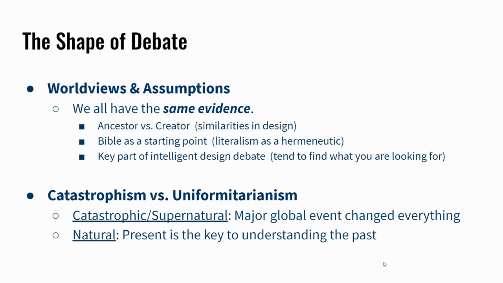So the gradual processes over time, over long periods of time, and that you look at the earth the way it is now, and that is the key to understanding the way it was in the past, and just extrapolating that over time. So those are some foundational elements that we need to keep in mind as we go into the next part of understanding these different perspectives of creation.